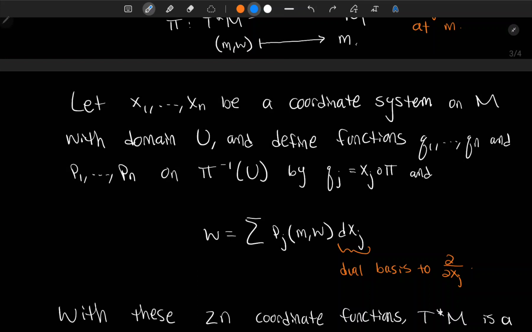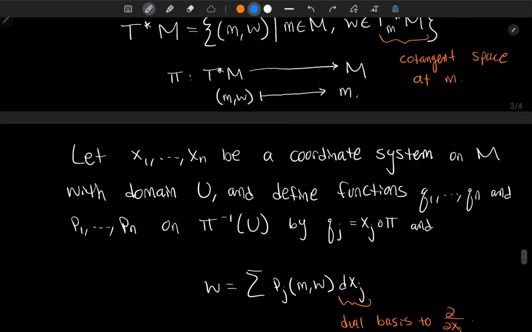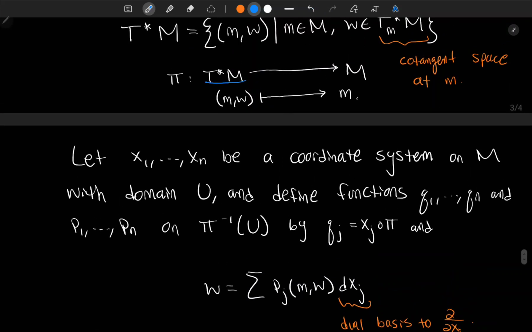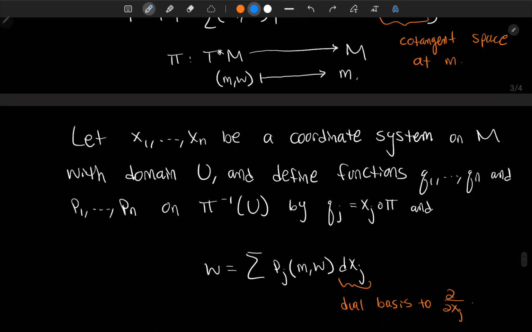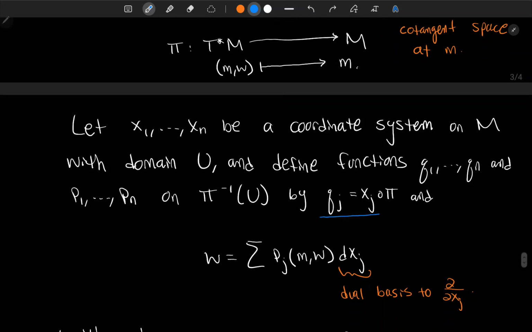And these are defined on the preimage of U. So these are defined on T*M, and they are defined as, well, qj is defined to be xj, one of the coordinate functions on M, composed with pi.